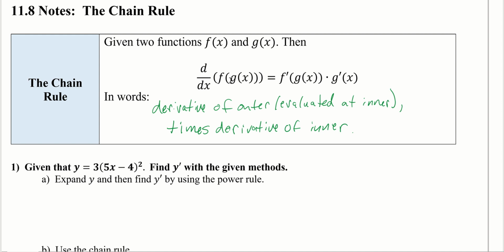In words, we take the derivative of the outer function, so f prime, evaluated at the inner function, which doesn't change at all for the first part, times the derivative of the inner function. So don't change the inner one at the very beginning, times the derivative of the inner function.